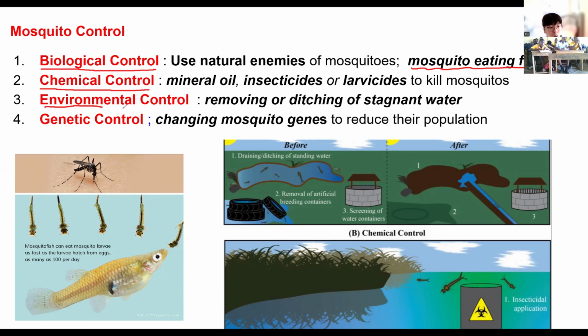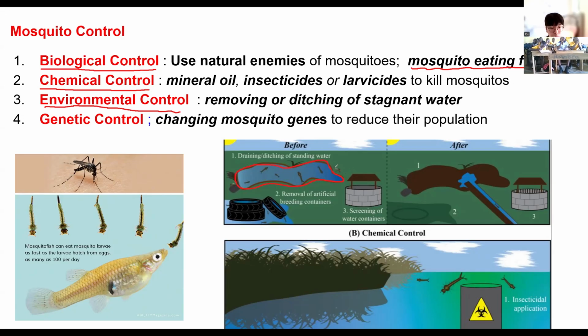There's also environmental control, which is more about removing or draining stagnant water. You might know that stagnant or standing water is a big source of mosquitoes. There are a lot of mosquito eggs and larvae, so it's a very high breeding ground for mosquitoes.